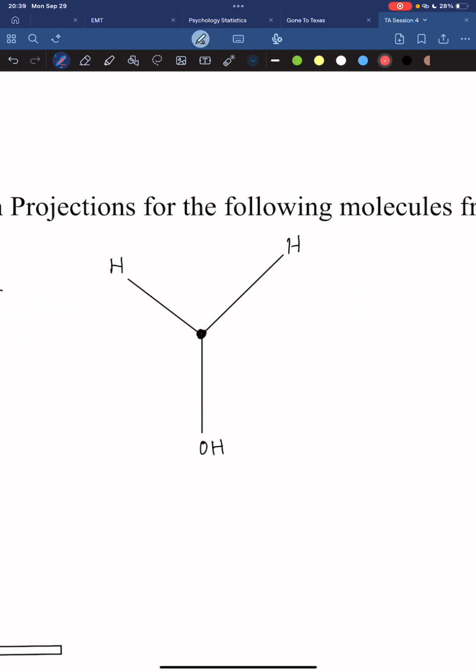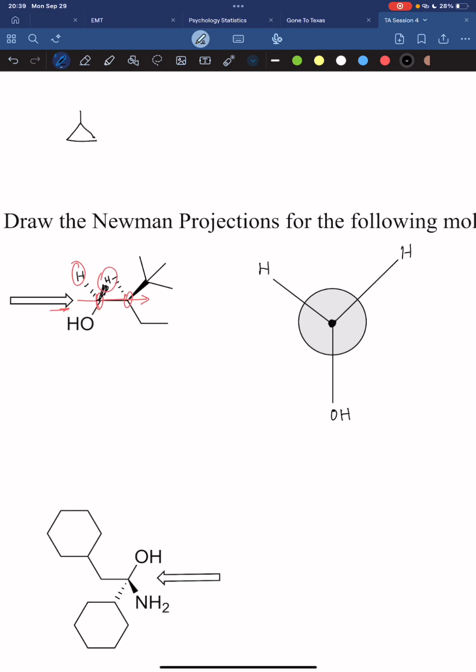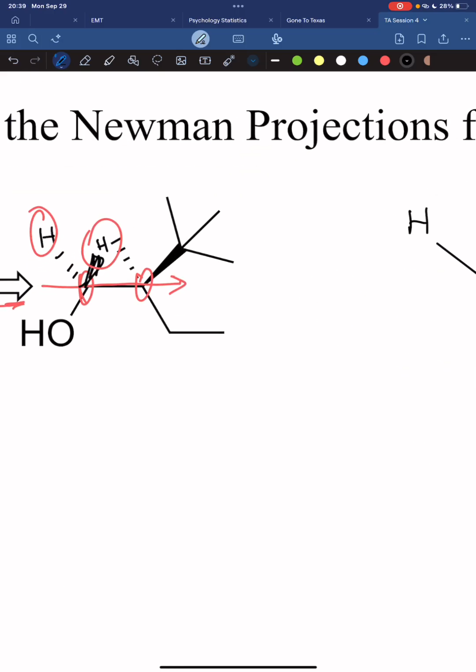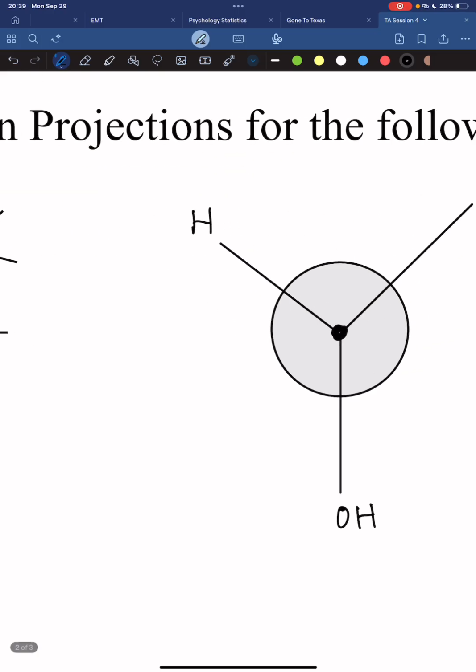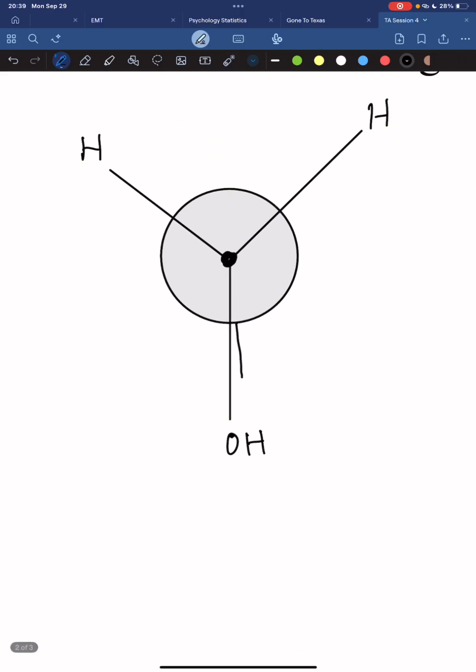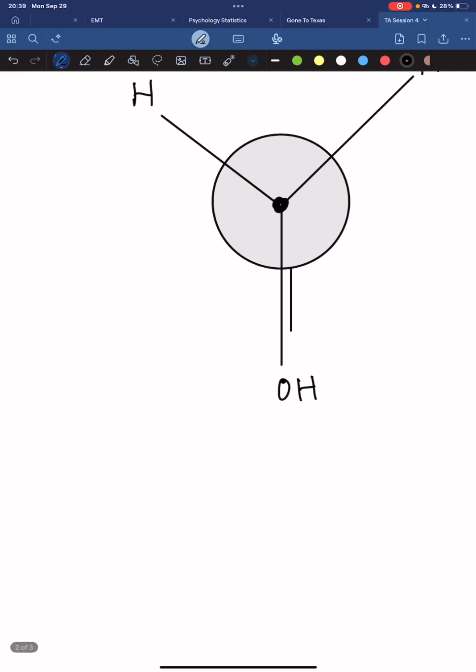Okay, and then to draw the back carbon, it's just a ring, in the middle. And we do the same thing. So we see that this ethyl group is also in the same line as our hydroxyl, so I'll just draw it right next to it, right?